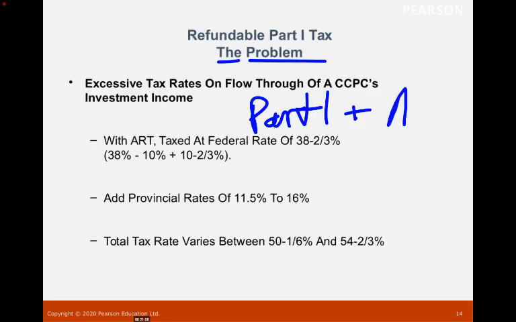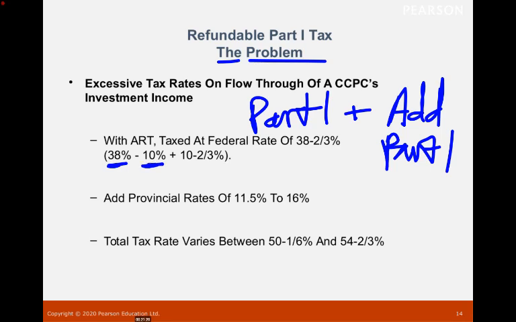So we'll just call this add Part 1. So you're going to get your regular Part 1 plus an additional Part 1. So you're going to have your 38% general minus your abatement of 10%, and then plus this 10 2/3 on that specific investment income. So that kind of creates a problem in that income is being excessively taxed at 38 2/3.